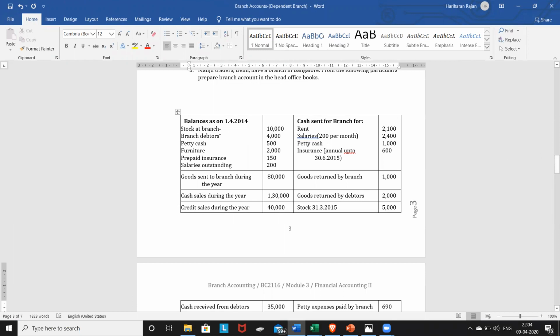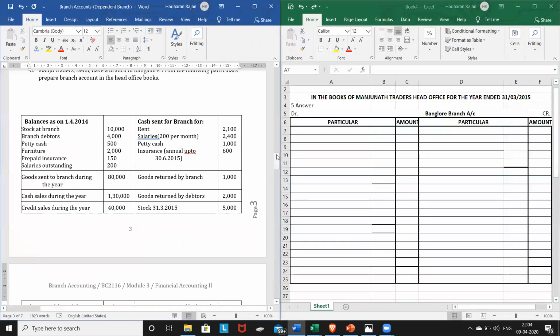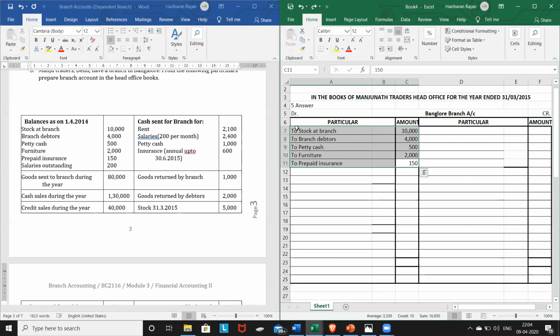Enter all the opening balances, that is stock, branch, petty cash, furniture, prepaid. Done. Now salary outstanding 200, even that has to be recorded. Next, goods sent to branch 80,000.